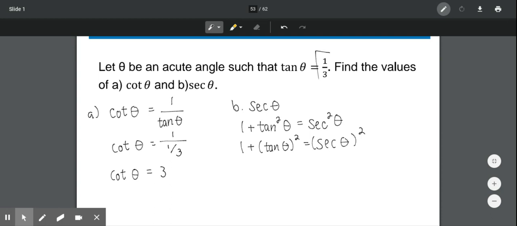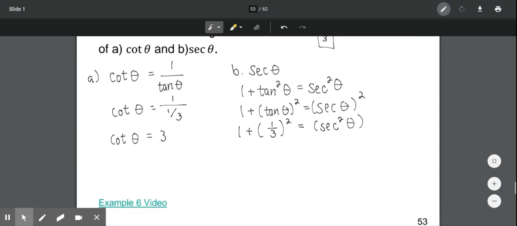Since we know tangent is 1/3, we can say 1 plus 1/3 squared equals the secant squared. 1/3 squared is 1/9, so we have 1 plus 1/9 equals the secant of theta squared. Then for 1 plus 1/9, we need common denominators, so this 1 you could change into 9 over 9.